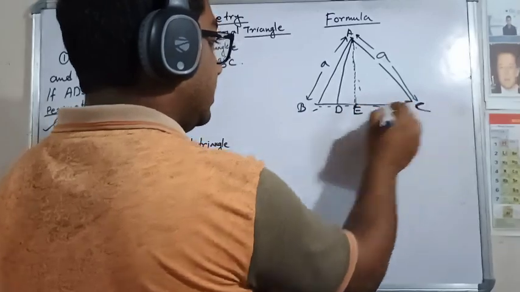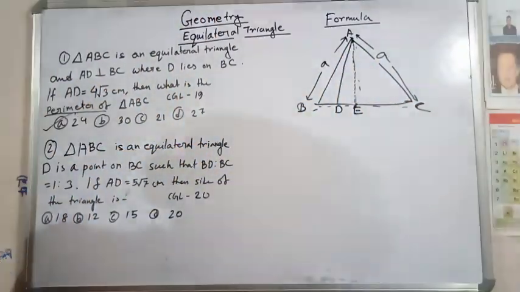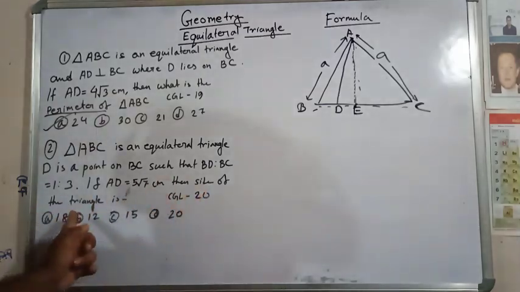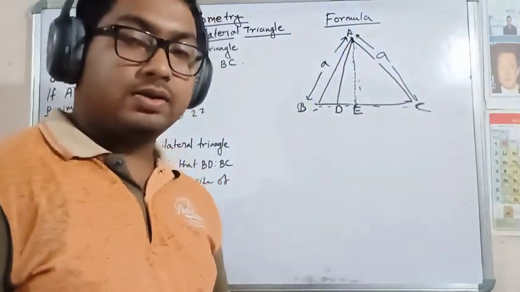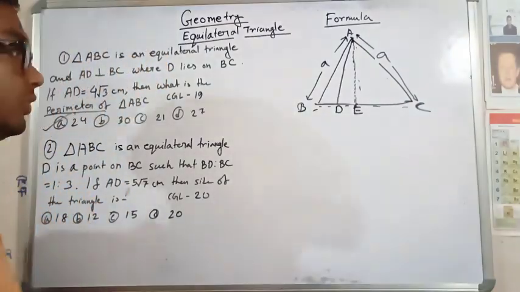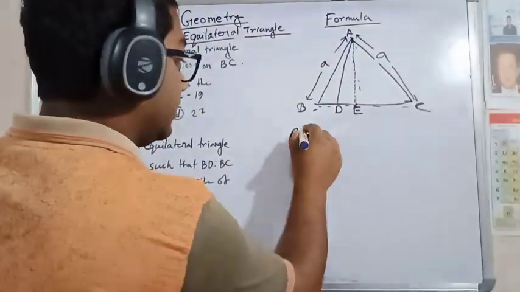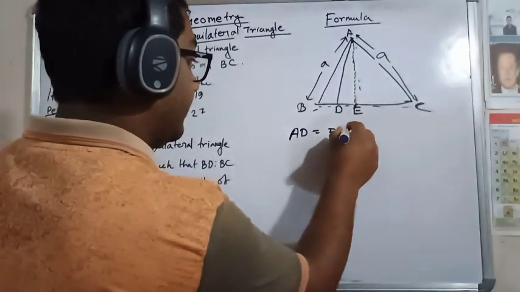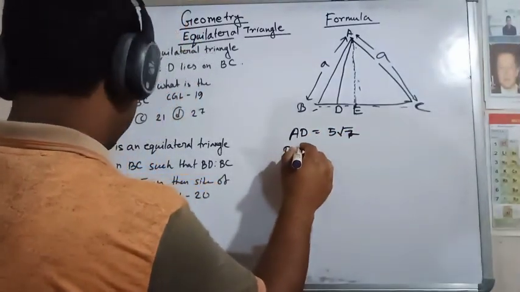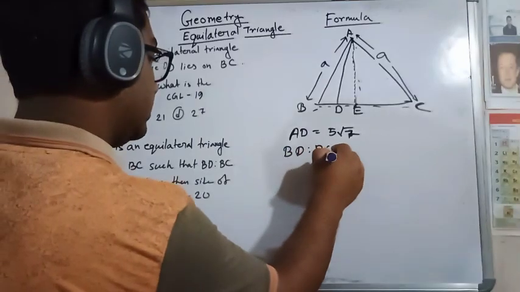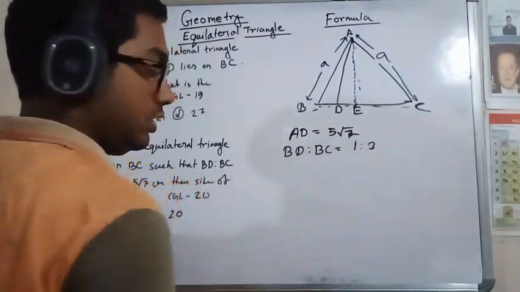Take AE as the height of this triangle, and we need to find out the side of the triangle, that means the length of the arm. So the only given information is AD is equal to 5 root 7 and BD is to BC is equal to 1 is to 3.